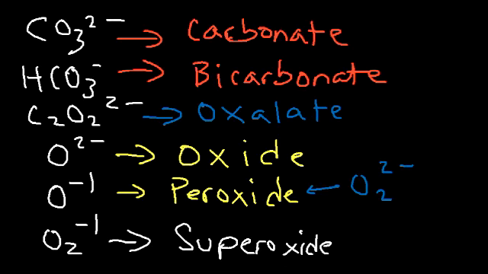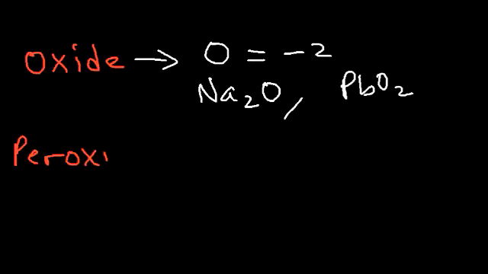If you see the word peroxide, typically there's going to be two oxygens that are together, and it's going to exist as O2 with a -2 charge. But each oxygen has an oxidation state of -1 if you divide -2 by 2. So you might see peroxide in the form of H2O2, this is hydrogen peroxide.